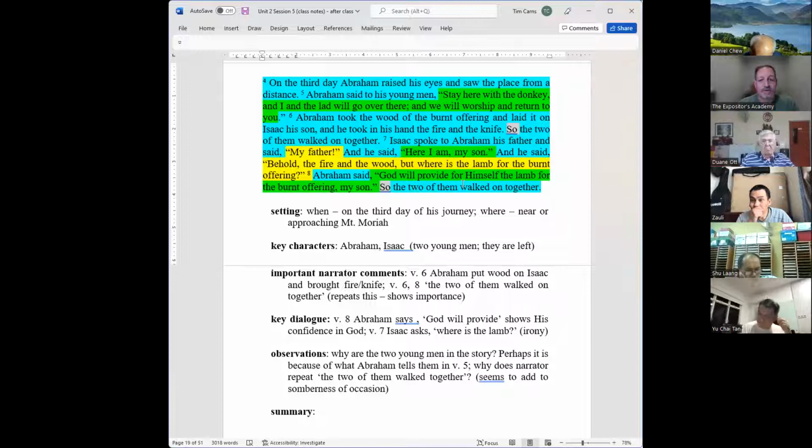Where's the sacrifice, Dad? Well, son, it's you. But obviously Abraham didn't tell him that, and we can't be sure, when Abraham said God will provide, whether he thought God would provide another thing for sacrifice, or just that, son, God will take care of this.